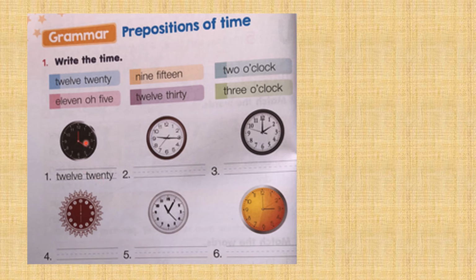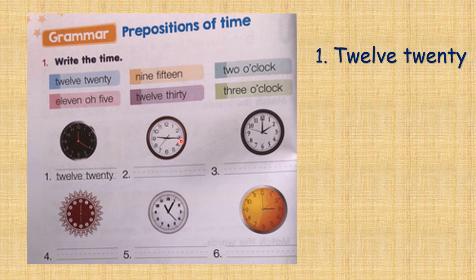Number 1 here is 12:20. Next is number 2. The shorthand is facing number 9, and then the long hand is facing number 3.